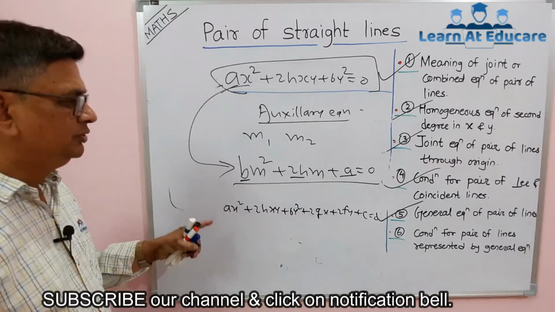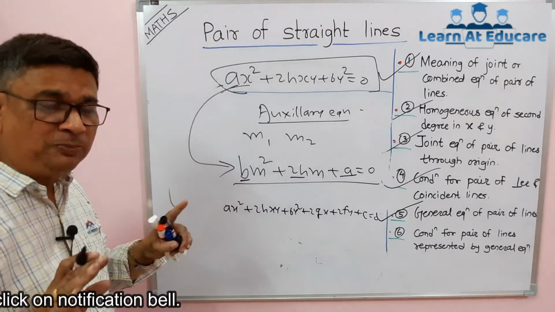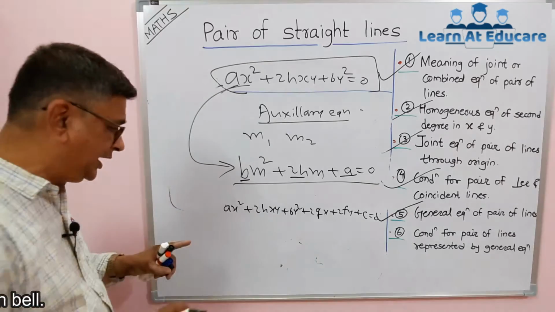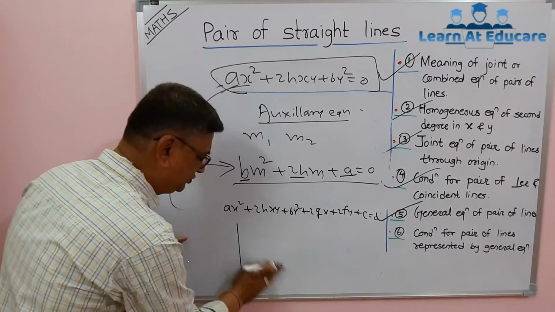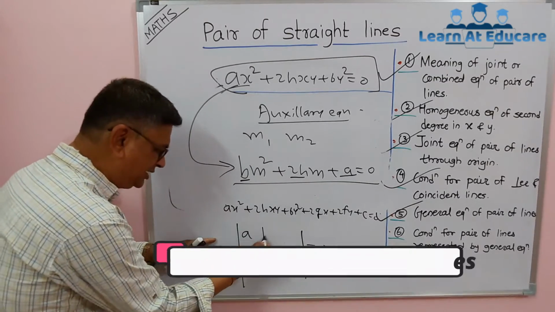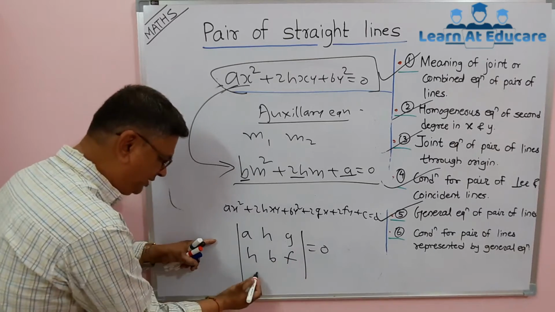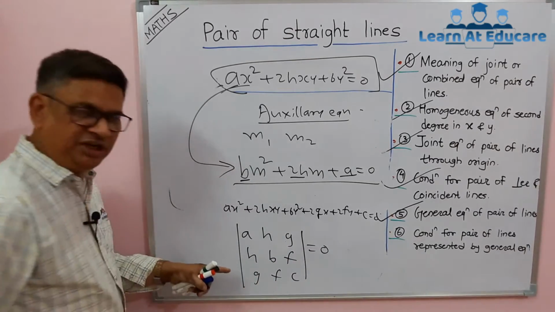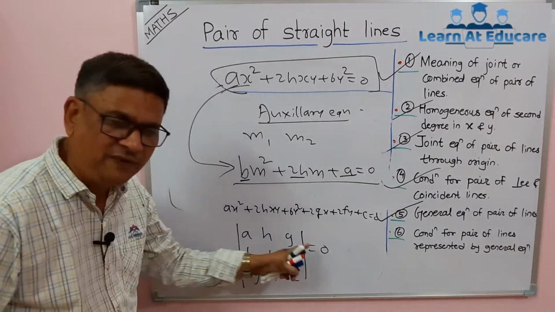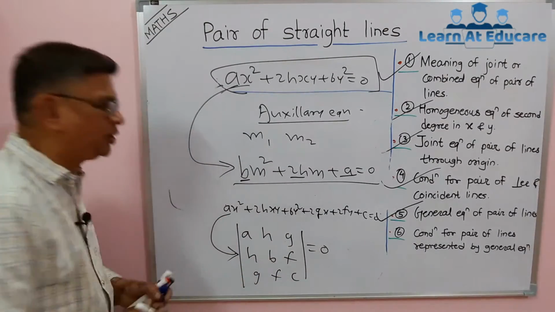And remember, this equation does not always represent a pair of lines, but only represents a pair of lines if this condition is satisfied, and that condition is this determinant I am writing now: first row a h g, second row h b f, last row g f c equal to 0. If this determinant value is 0, then and only then this equation represents a pair of lines.